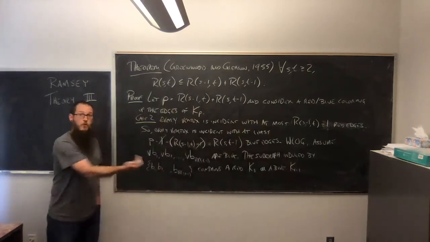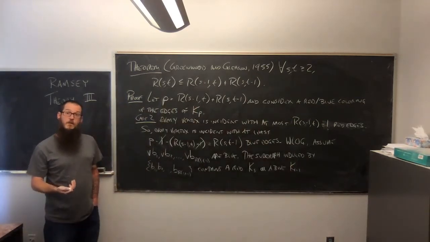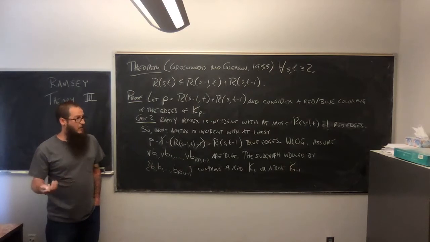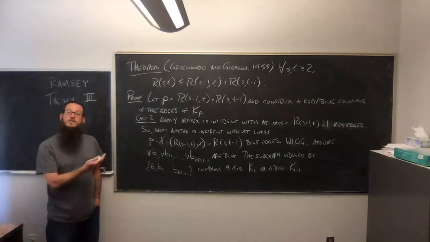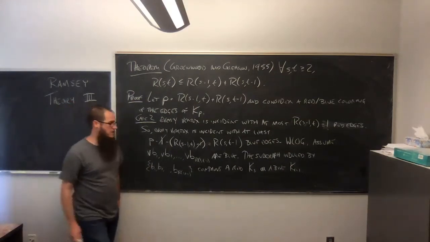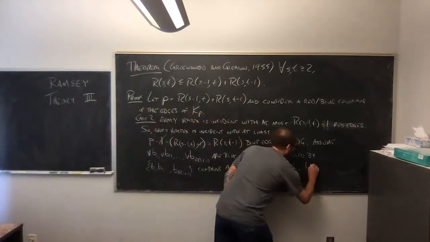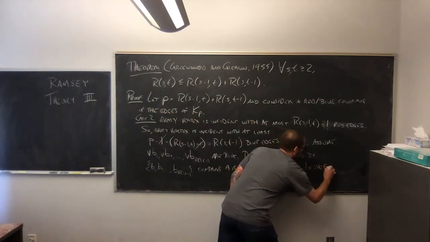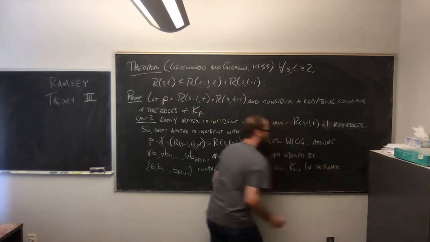Well, in the former case this time we're done because we have our red K_S. In the latter case, we just now have to include the vertex V, and that forms our blue K_T. So in the former case, we're done.